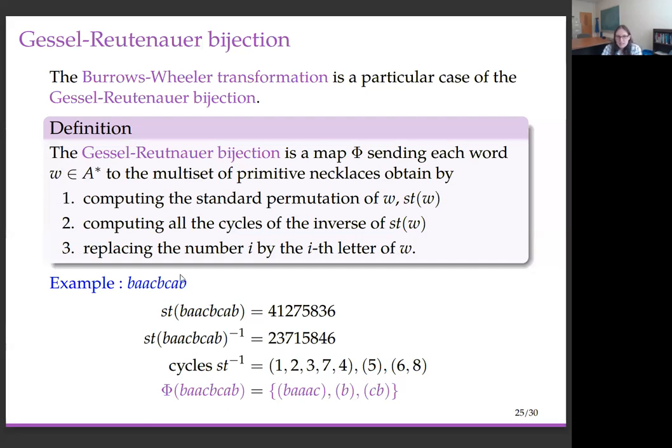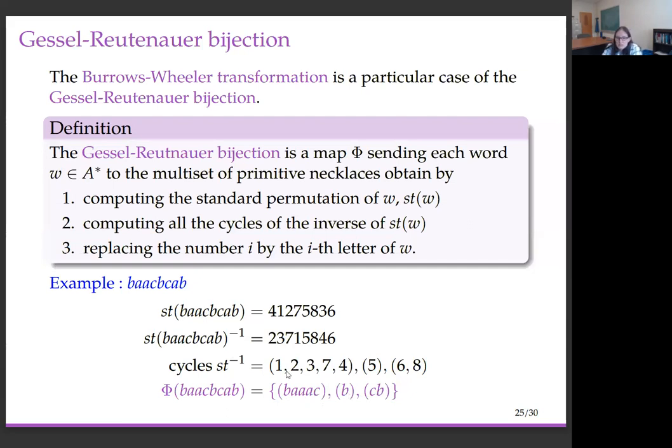And by replacing the numbers with letters, so if I take a cycle, for example, if it contains 1, I will replace 1 by the first letter in W. So 1 will be replaced by B, 2 will be replaced by A, 3 will be replaced by A, 7 (counting 1, 2, 3, 4, 5, 6, 7) is also A, and the last number is 4, which is C. And you go on, and you get a multiset of circular words.